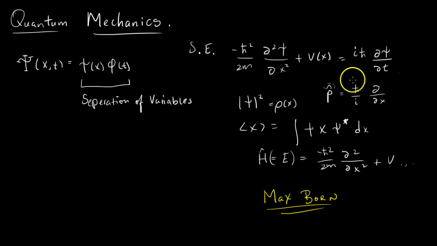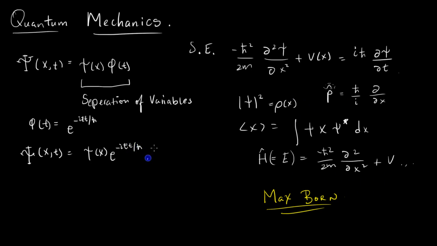Once we plug this back into our Schrödinger equation, we found that the time dependence was in fact e to the negative i E t over h bar. E was our separation constant, but then we found out it was our energy. So the generalized wave function psi of x and t turned out to be psi of x times e to the negative i E t over h bar.